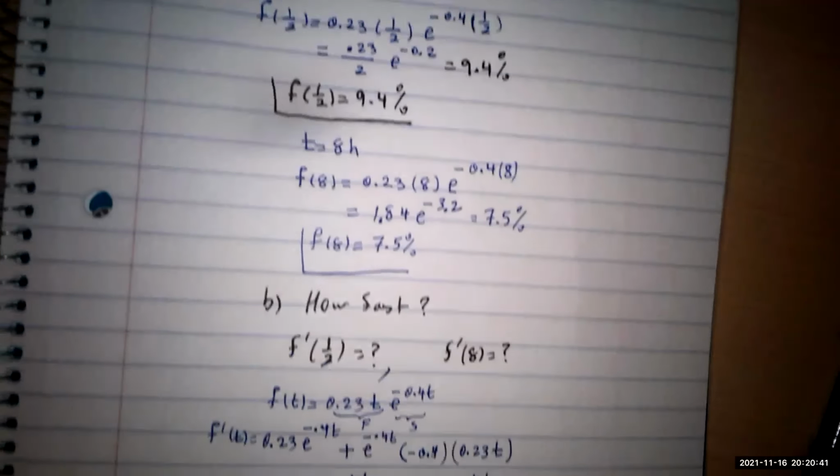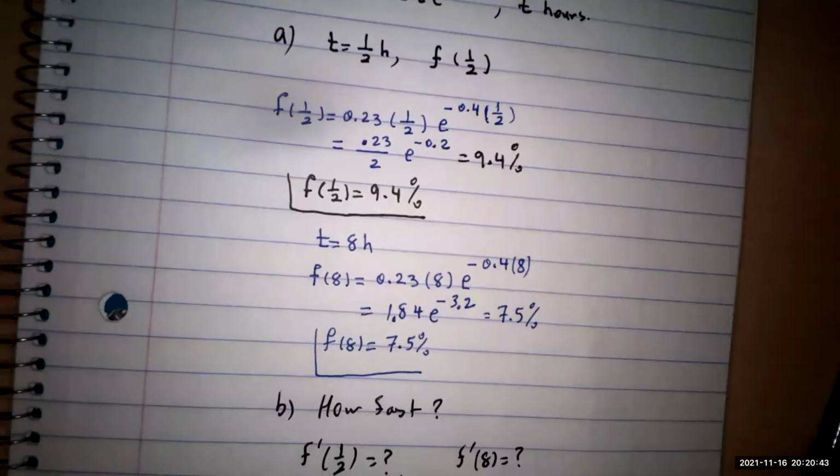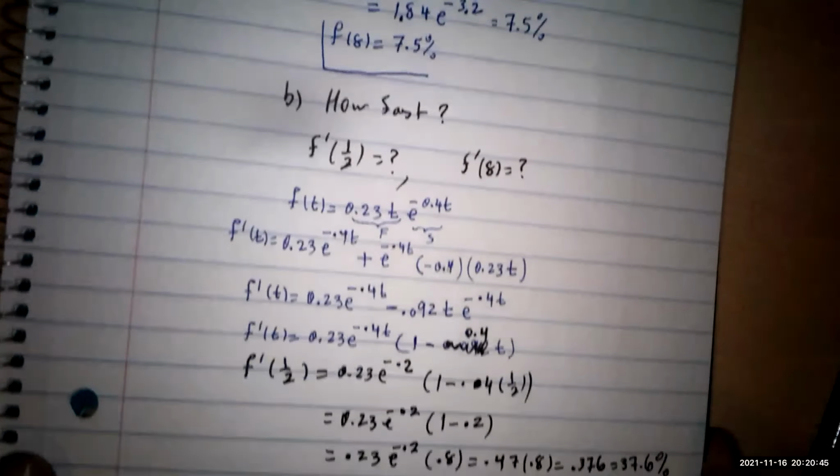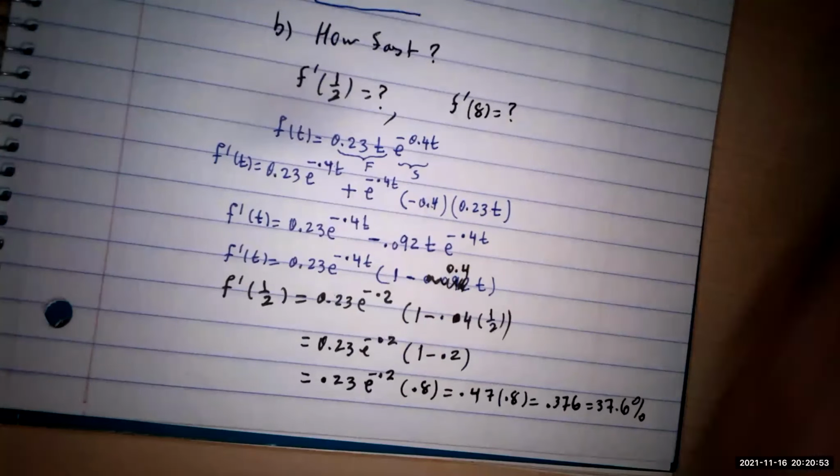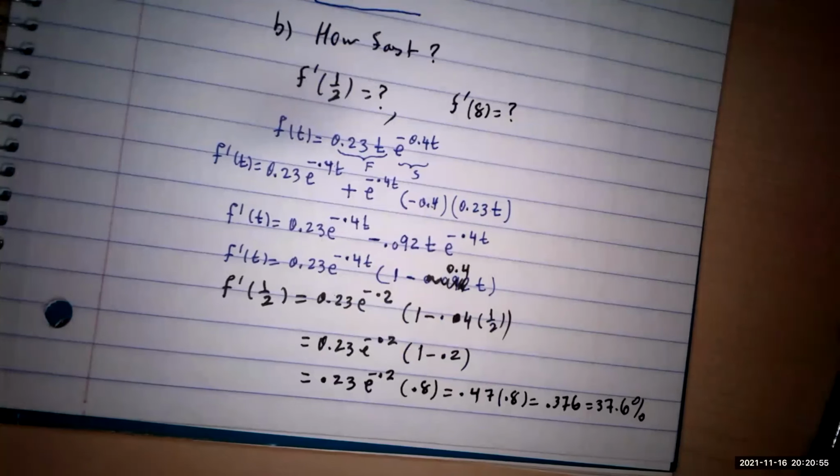So this is the one that we did. We find the first part, and this means after half an hour, this is going to be the rate. You got 15%.